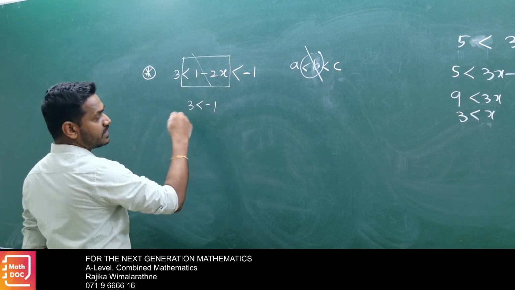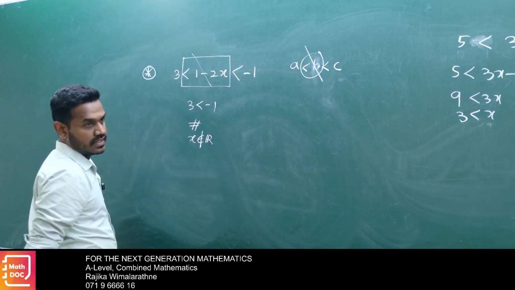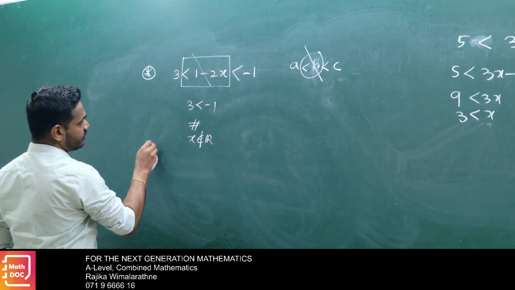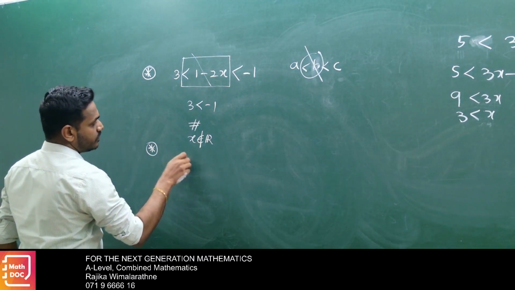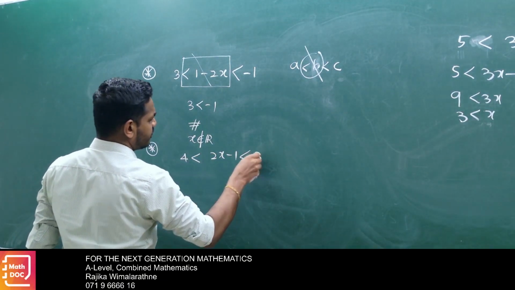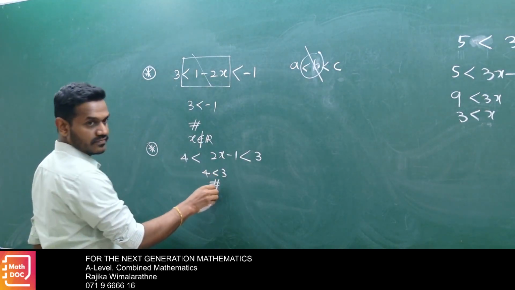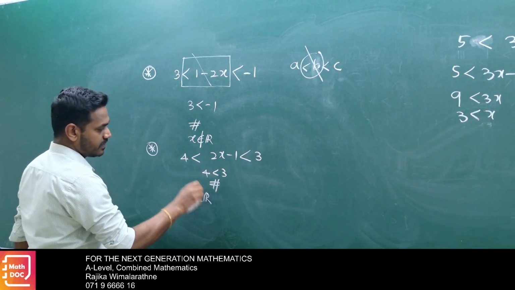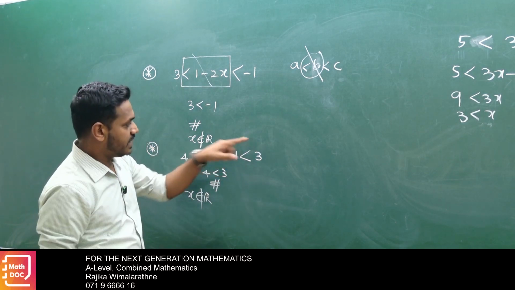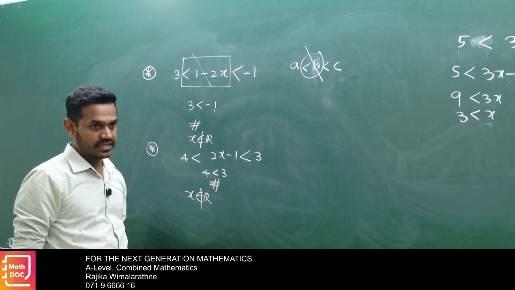This inequality is not possible, a contradiction, no real value for this. Similarly, 4 less than 2x minus 1 less than 3: cross this out, 4 less than 3 is completely wrong. Then no real value. We can't evaluate. If you evaluate this one and this one, you don't get any intersecting region.